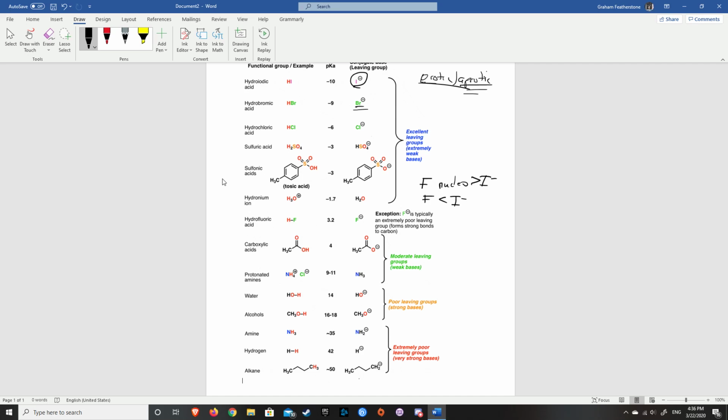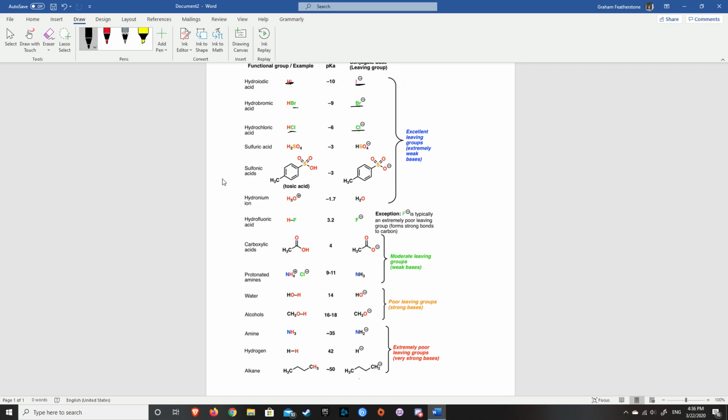You can compare these, and as we go more in depth, you're going to see these rules change a little bit. But in IB, what you just need to know is a little bit about the basics. This is a better nucleophile than this. This is a better nucleophile than this. This is a better nucleophile than this.